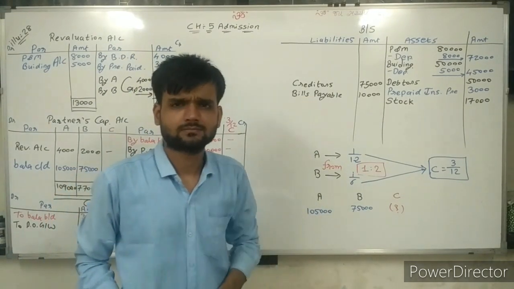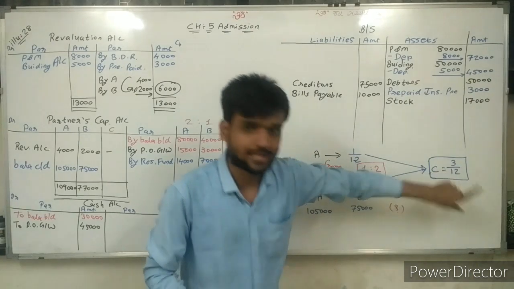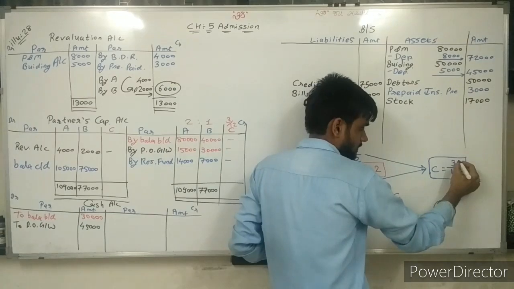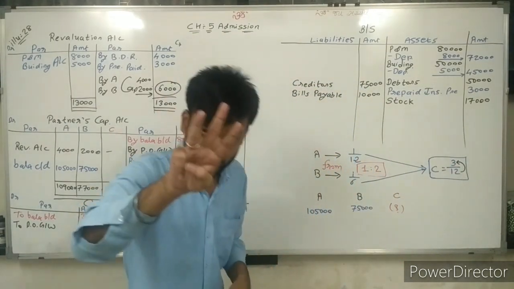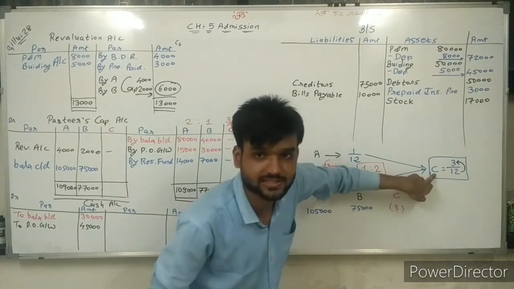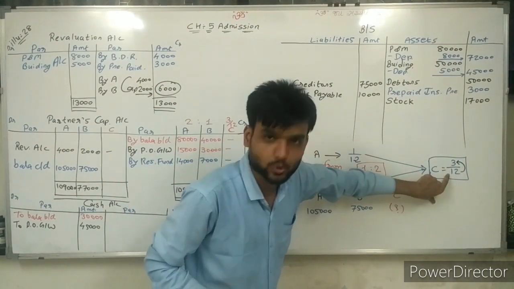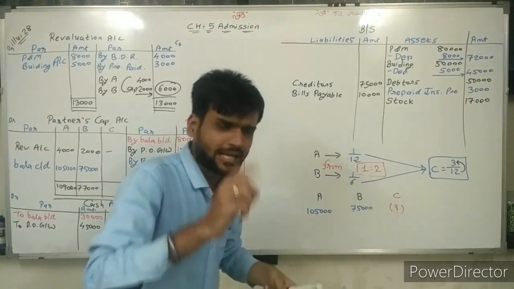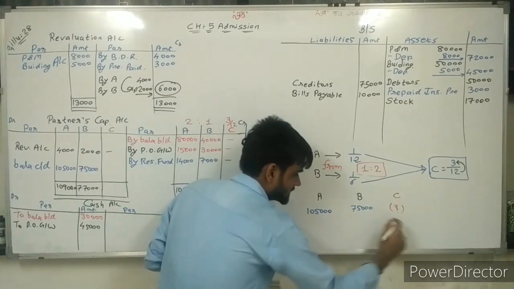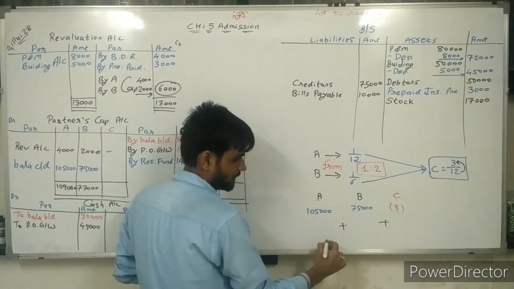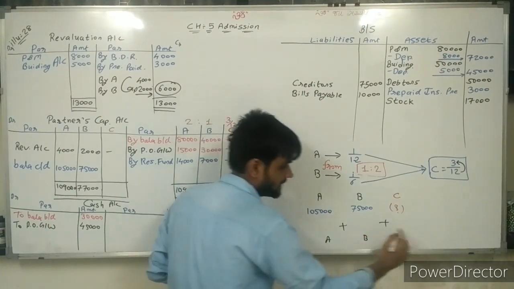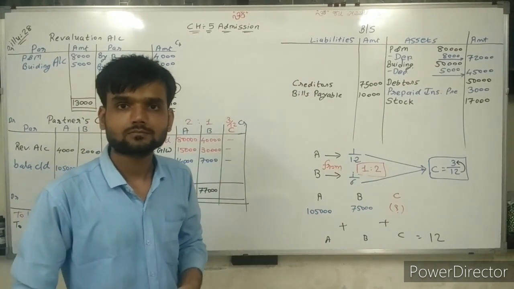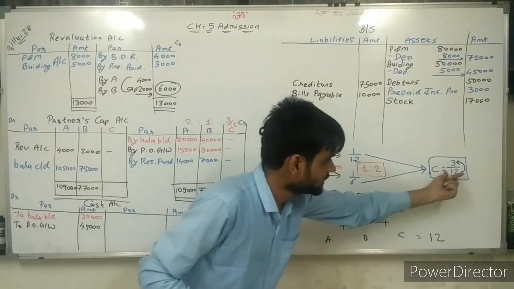I know one thing. If the total is 12, then from 12, 3 is the portion of partner C. From 12, 3 is of partner C. So suppose the total of A plus B plus C is 12.